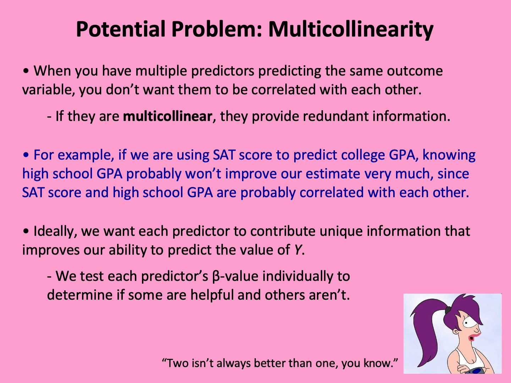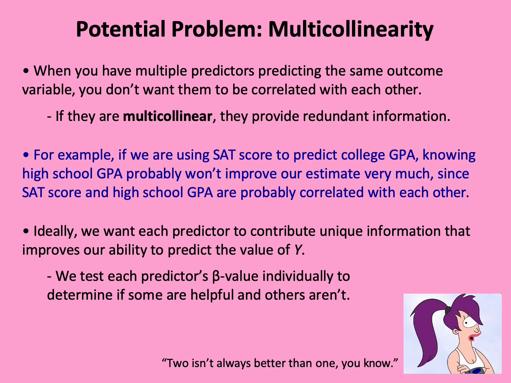But we want to make sure that all of our beta values or all of our potential predictors provide unique information, right? Because if all of our predictors are correlated to each other, then essentially they're going to be redundant, or they're going to provide redundant information about y. So ideally, we want each predictor to contribute unique information that therefore improves our ability to predict y.